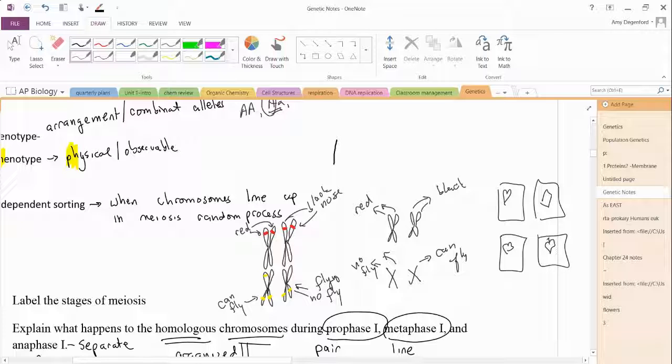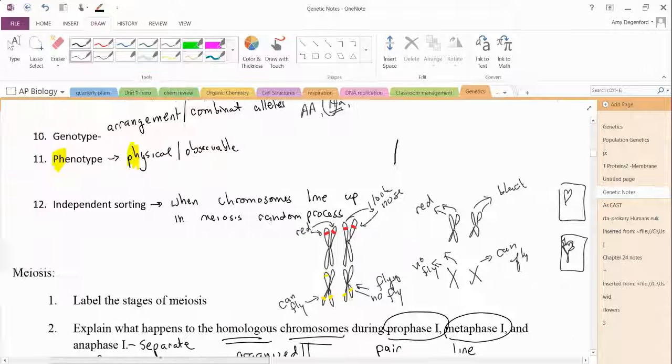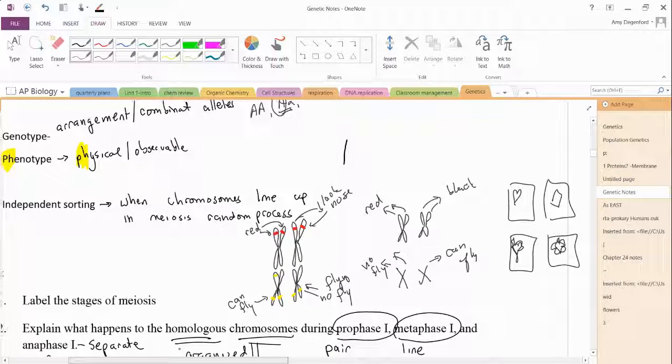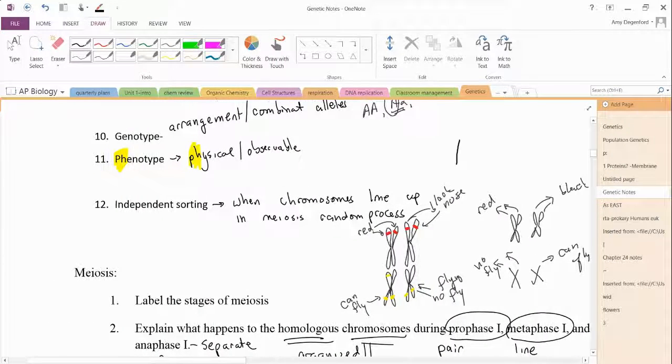But that's one arrangement; maybe down here I could also say the spades could be that way and the club could be the other way. So how they pair up is random, and we'll see that again and again, so keep that in mind. How they line up during meiosis is going to dictate how they sort to their cells. We're going to talk about meiosis tomorrow and compare them. So hopefully this gets you started.